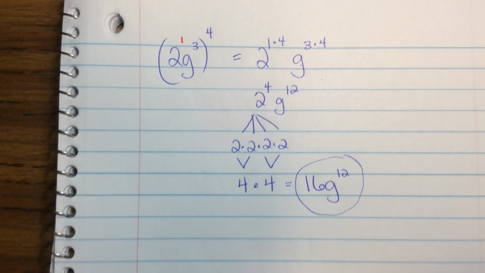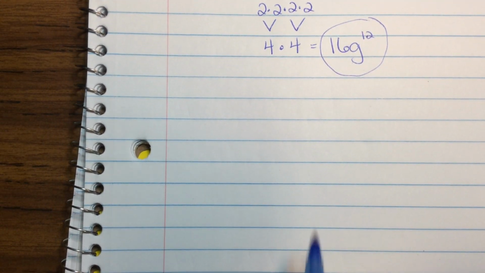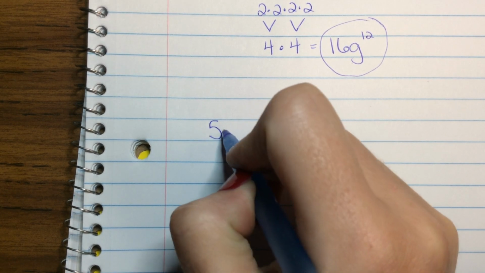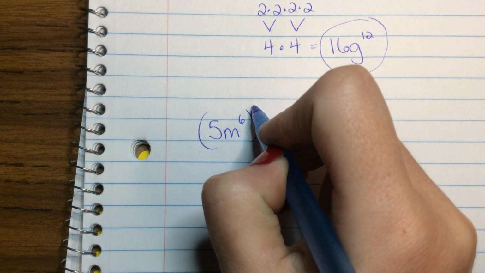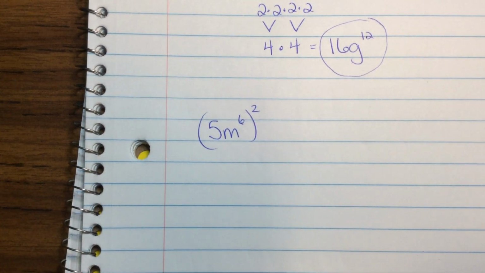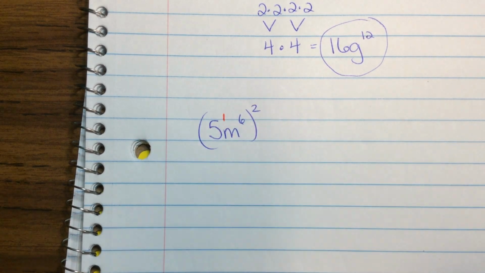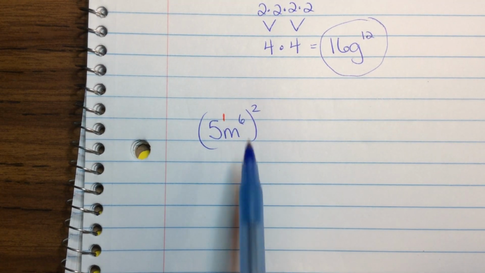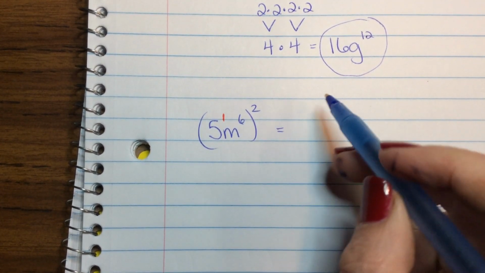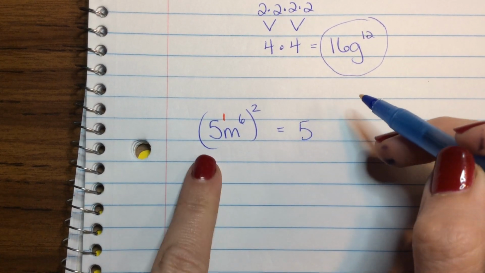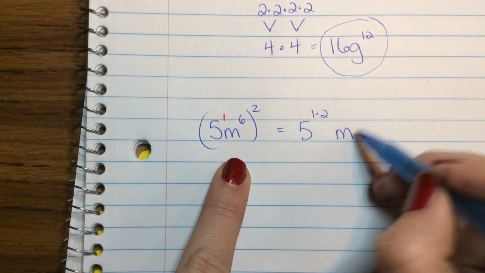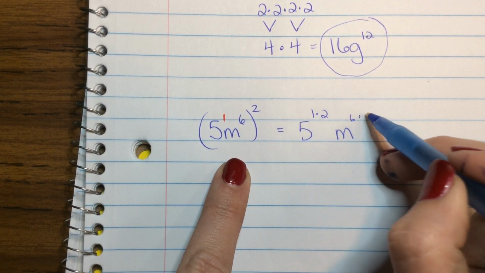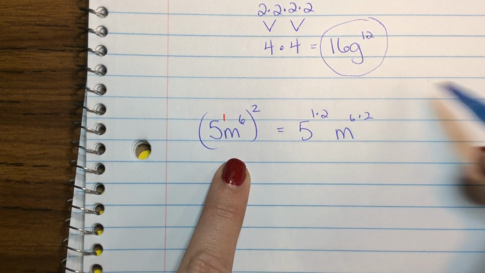Let's try another one. Let's say we had 5m to the 6th, and we're raising it to the 2nd power. So again, anything that doesn't have an exponent, we're going to fill in a 1. What we really have here is 5. We're going to keep the base, and then 1 times 2. And then we got m to the 6th, and we'll take 6 times 2.